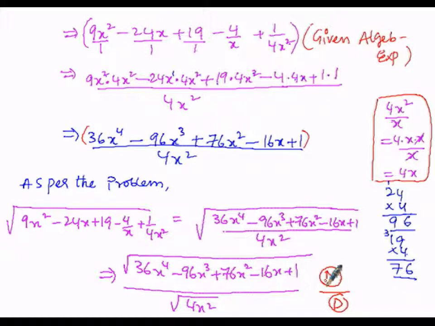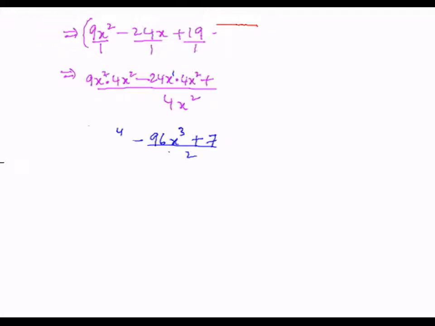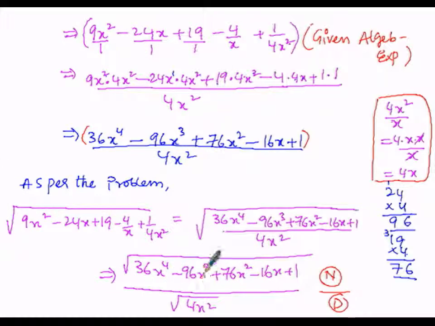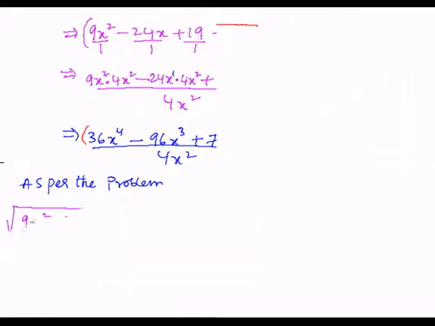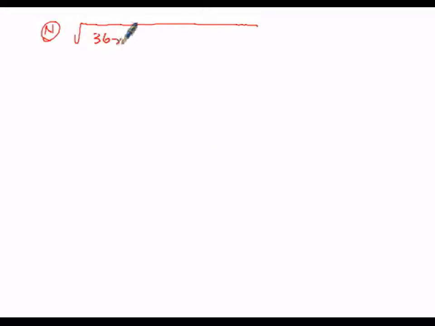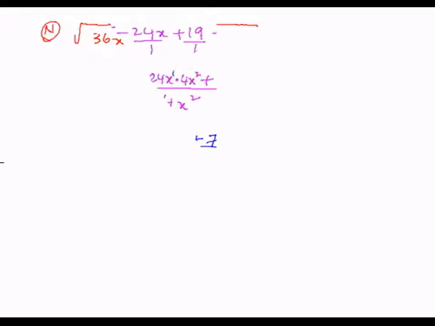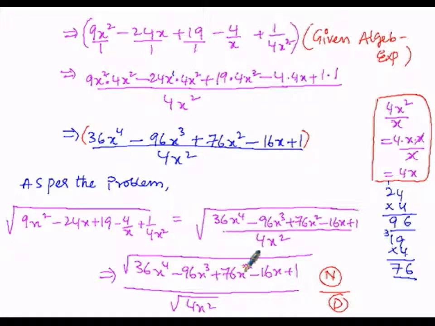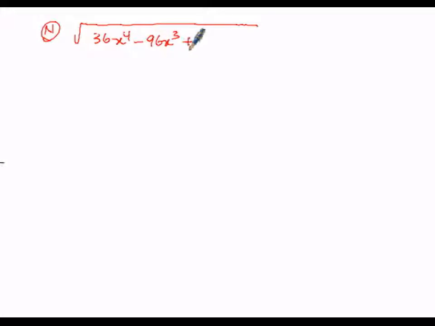Now the numerator is the square root of 36 x to the power of 4 minus 96 x cube plus 76 x square minus 16x plus 1.